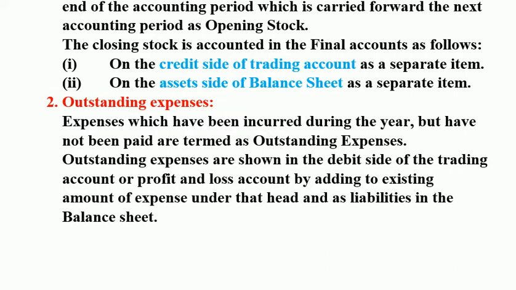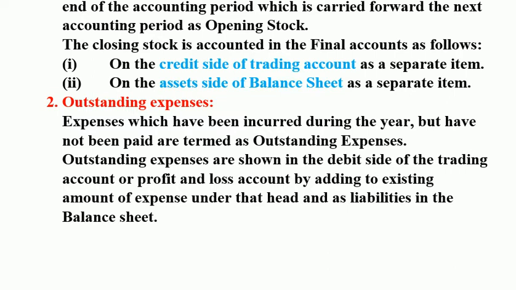So how will it be treated in a final account? Outstanding expenses are shown on the debit side of the trading account or profit and loss account. If the expense is related to the trading account, it will be recorded in the trading account. But if the expense is concerned with the profit and loss account, it will be recorded in the profit and loss account.